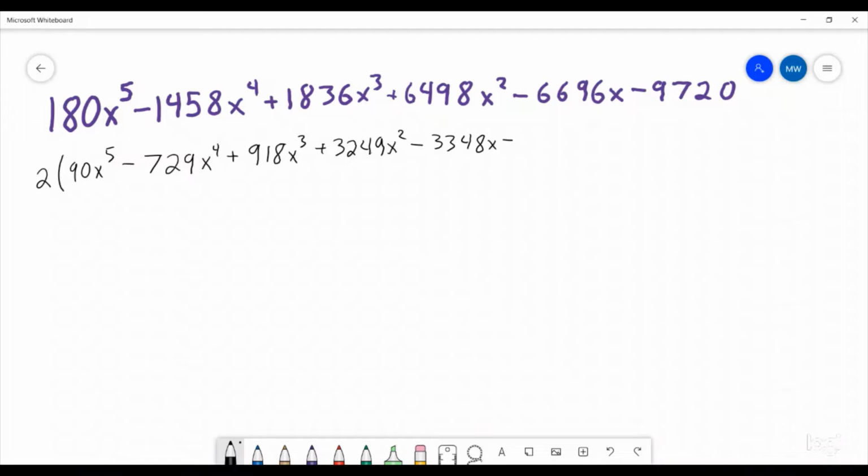Let's see, 96 divided by 2, that's 48. So this is minus 4860.